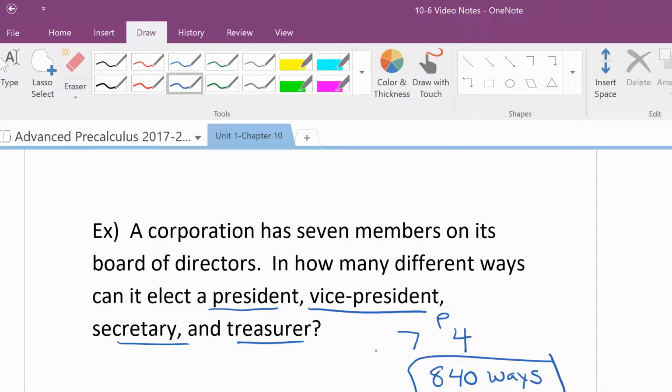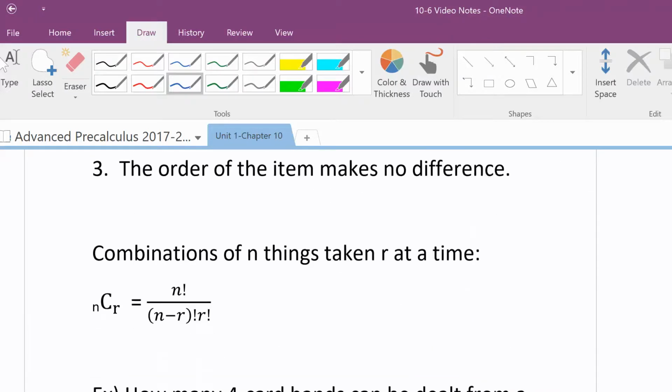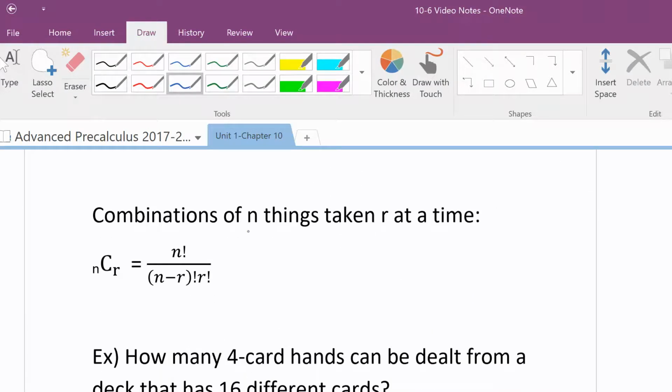That would be a combination because it doesn't matter if you're picked first or fourth as long as you're on the committee. So for combinations, when n is the number of objects and r is how many at a time, it's n factorial over n minus r factorial times r factorial, because you want to get rid of the repeating ones.